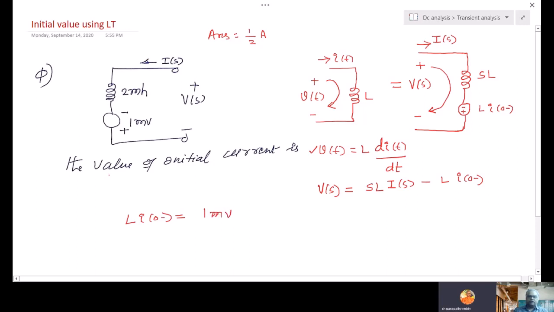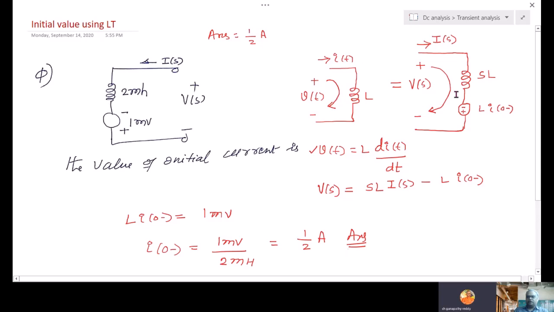But what is asked is the value of initial current. So we want I0 minus equal to 1 millivolt by 2 millihenry. So milli cancels, 1 by 2 amps. This is the answer. So with this equivalent, we got the answer.